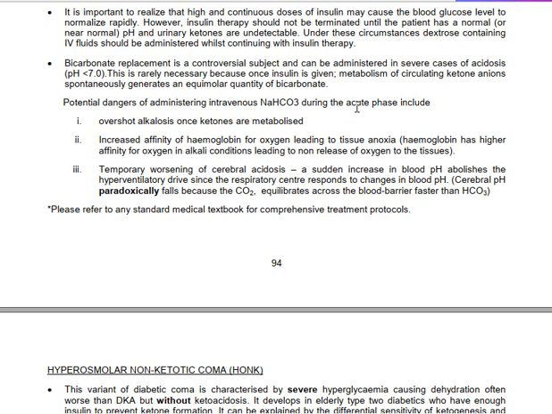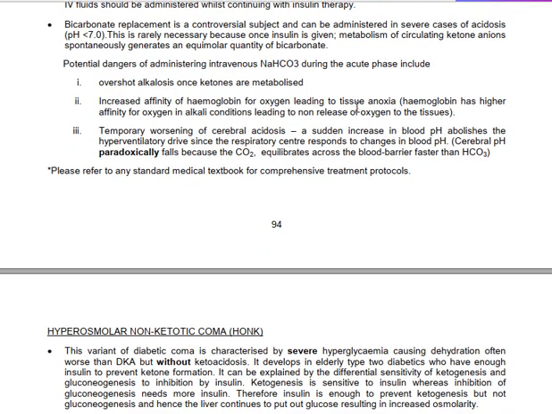Is it clear? The next one is a temporary worsening of cerebral acidosis. A sudden increase in blood pH is going to abolish the hyperventilatory drive, because you know that there was a hyperventilatory drive that resulted in acidotic breathing, in the respiratory center, that changes the blood pH.